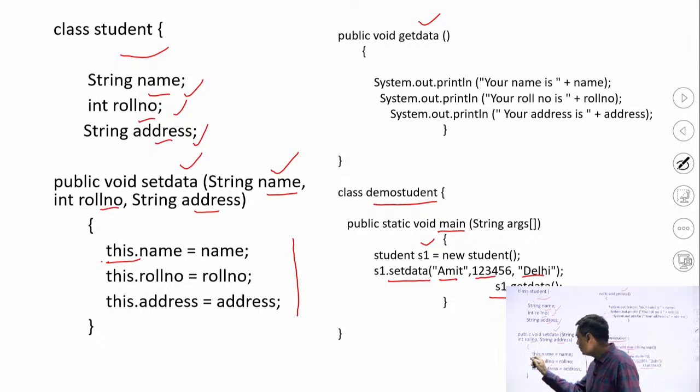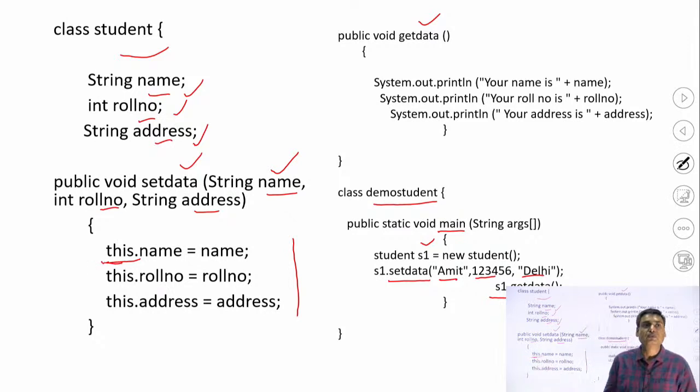With the help of the this keyword, we are able to identify the class variable. Here this.name and this.rollNumber are the class variables, and name and rollNumber are the argument variables.